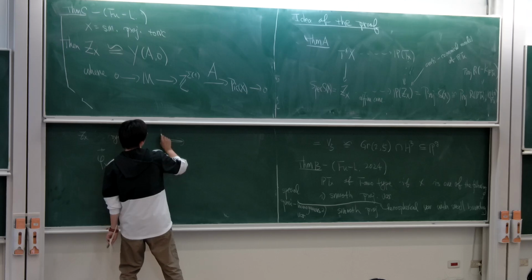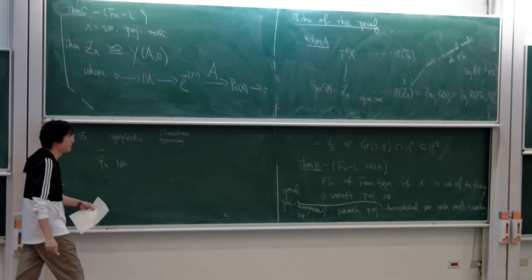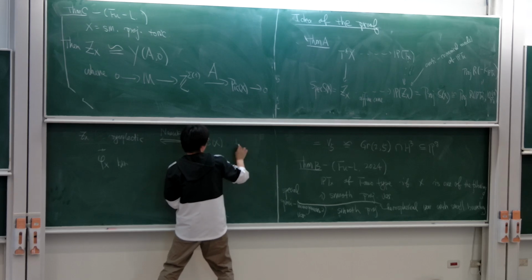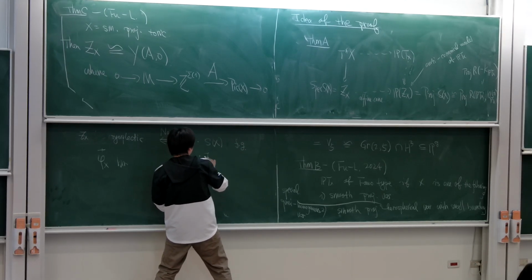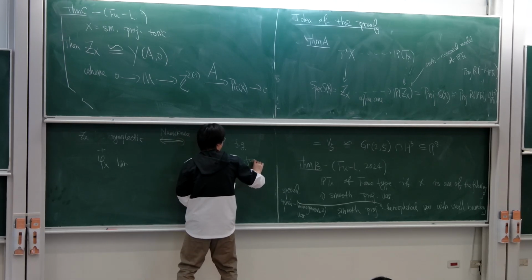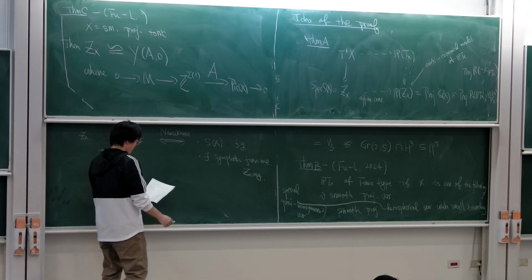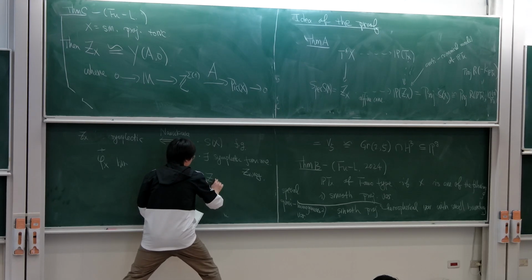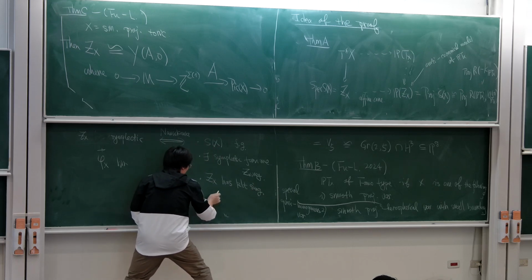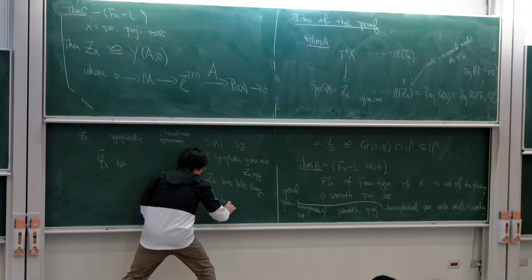Using some criterion proved by Professor Namikawa, we can show that this is equivalent to the following things. First of all, we want to prove this algebra is finitely generated. And then we want to prove that you can find some symplectic form over this regular locus of this normal variety. And then you want to prove that this Zx has KLT singularity. And finally, we want to prove that this Tx is big.